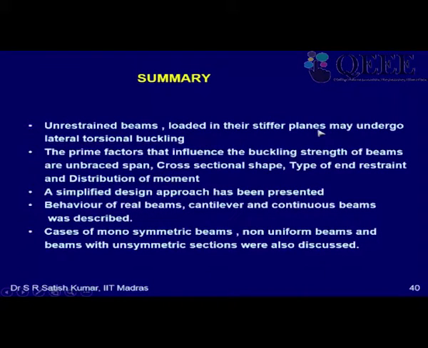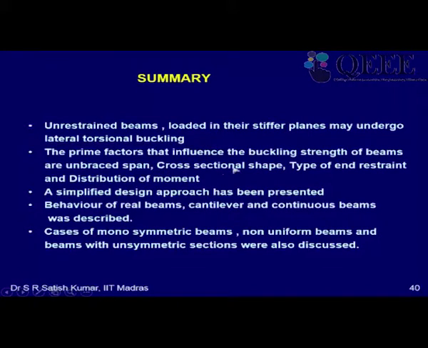Unrestrained beams loaded in the stiffer plane will undergo lateral torsional buckling, and we need to calculate that and verify the safety. The prime factors that influence buckling strength of beams are unbraced span, cross-sectional shape, type of end restraint, and the distribution of the bending moment over the span. A simplified design approach is given in the code, where it takes into account the unbraced span and the level of load application by just a single number like 1.2.